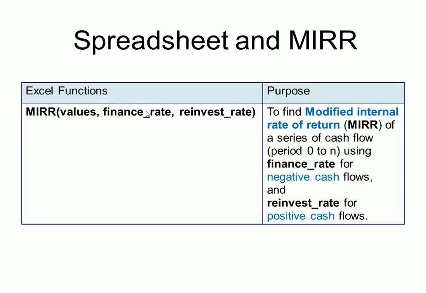The finance rate is used for negative cash flows, and the reinvestment rate is used for positive cash flows. And the values is a range of cash flow values, from period 0 all the way through period n. So this is a very, very useful function because it simplifies all the computations. As you see in our example previously, we actually even would have to use interpolation. So all those numerical calculations are done for you in Excel.